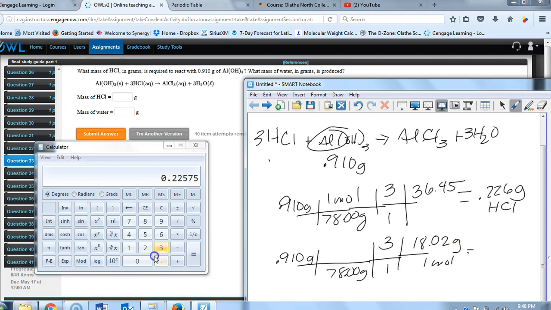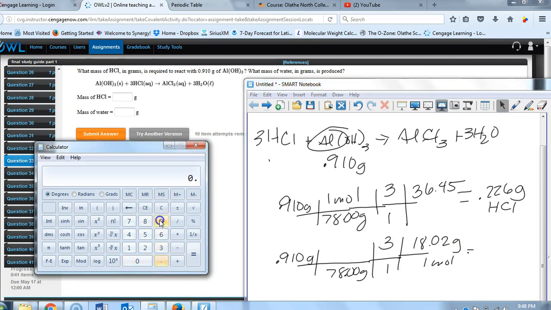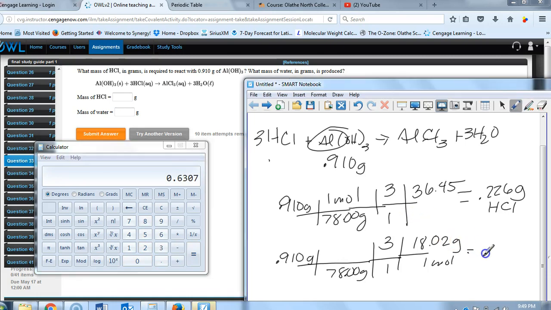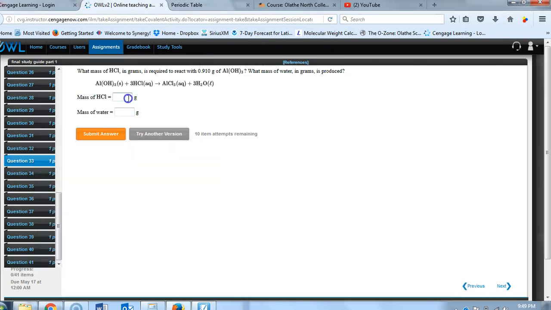So 0.910 divided by 78 times 3 times 18.02, 0.6307, 0.631 grams of water.